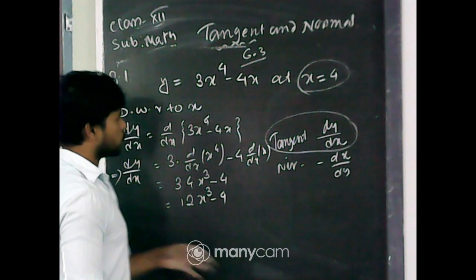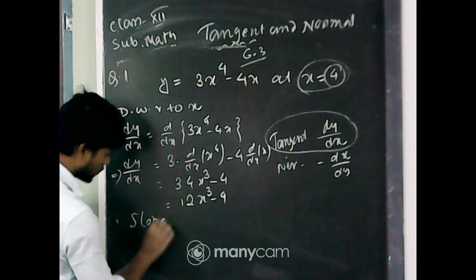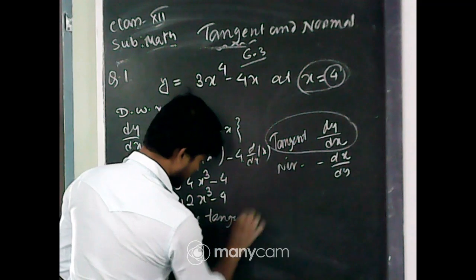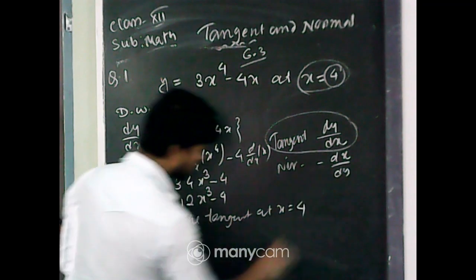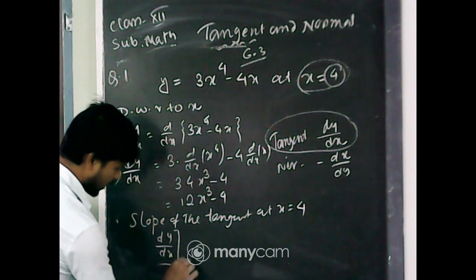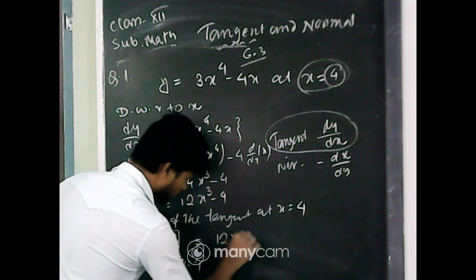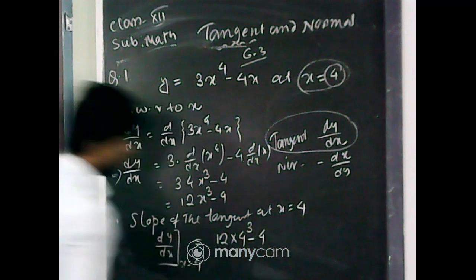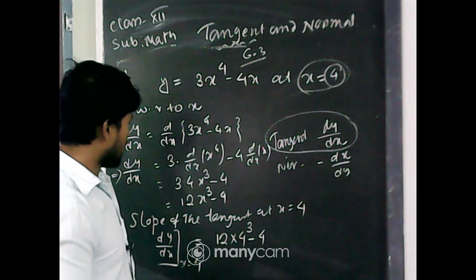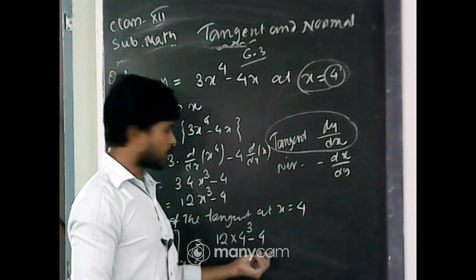Now we have to find the slope of the tangent at x equal to 4, which is given by dy/dx at x equal to 4, which is equal to 12 into 4 cube minus 4. Now find out 4 cube, multiply it by 12 and subtract 4 from the result.